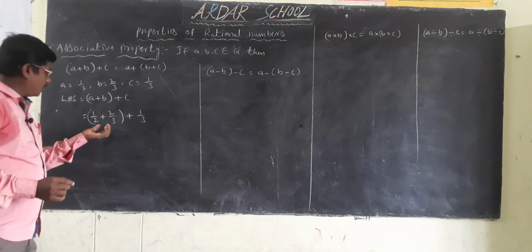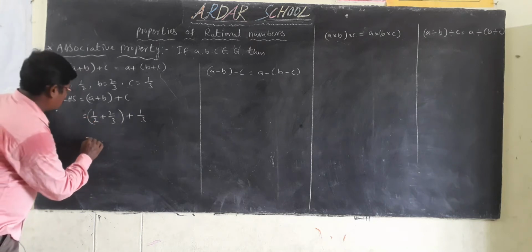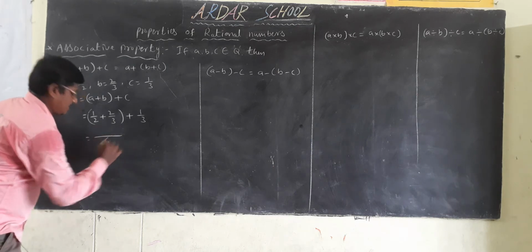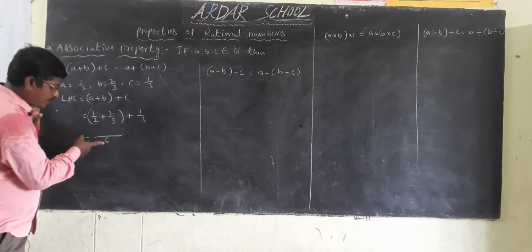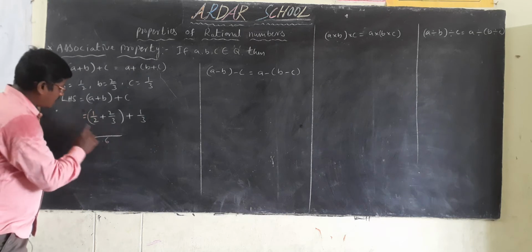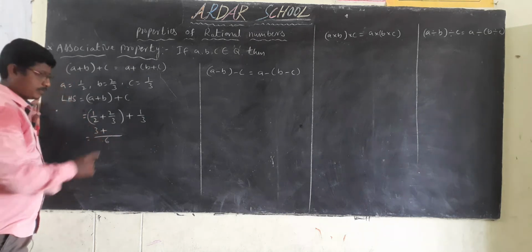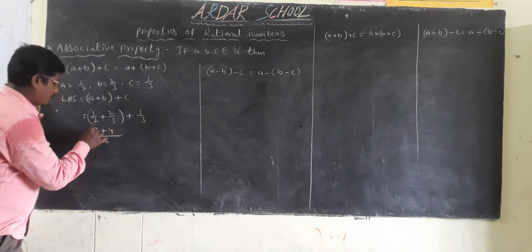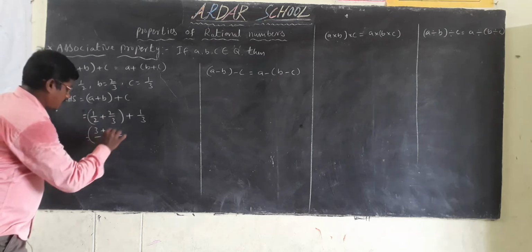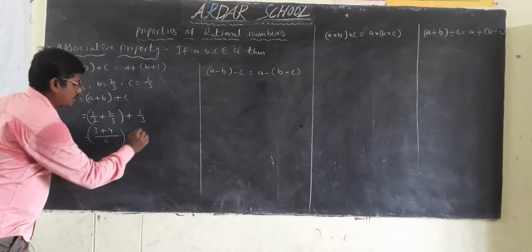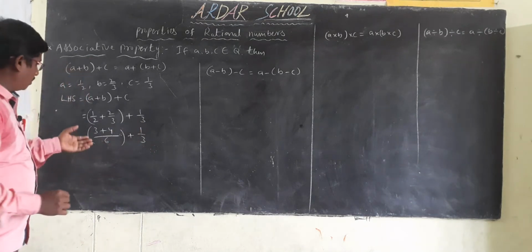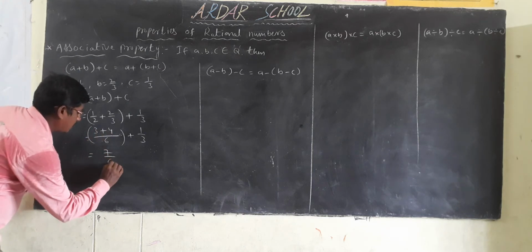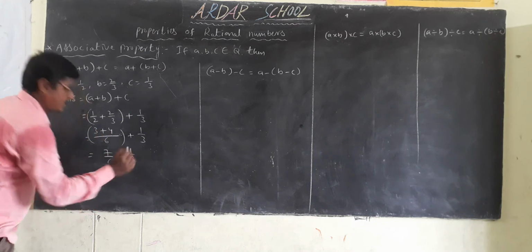First add these two, a + b. The LCM of 2 and 3 is 6. So 2 3s are 6, 3 1s are 3, plus 3 2s are 6, 2 2s are 4. This is 3 plus 4 by 6 plus 1 by 3. Here 3 plus 4 is 7 by 6 plus 1 by 3.